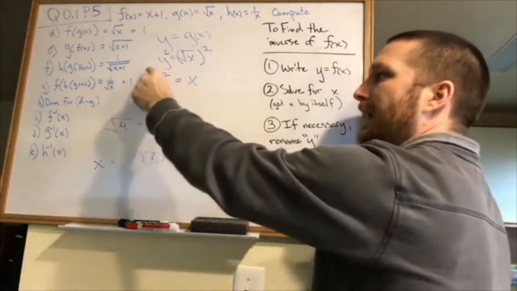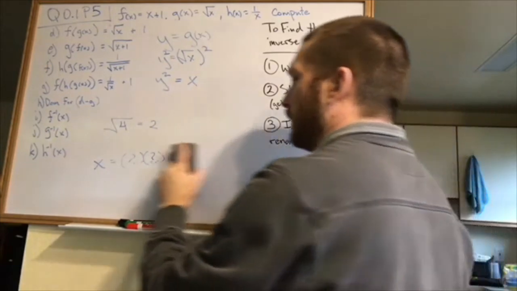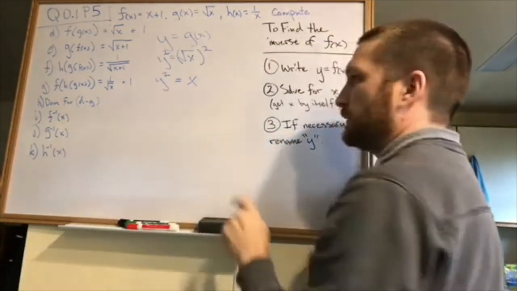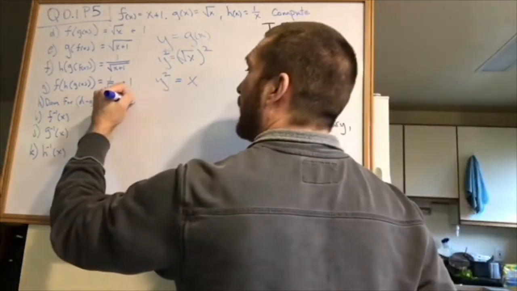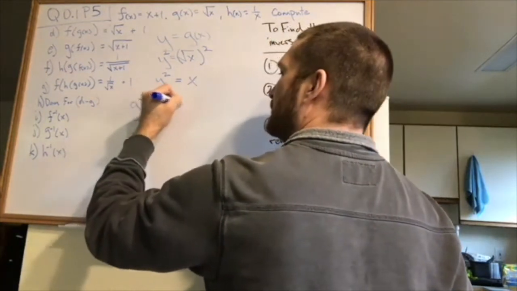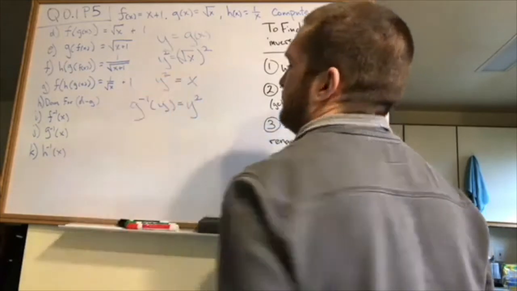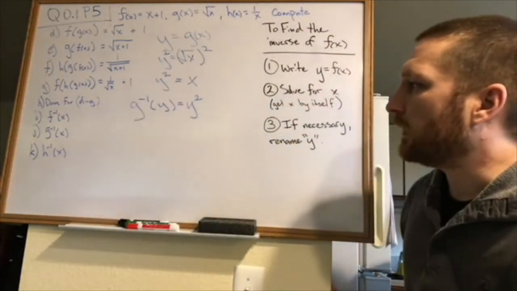Now, over here, I have a formula for the inverse in terms of y. So g inverse of y is equal to y squared. Okay, are we done?